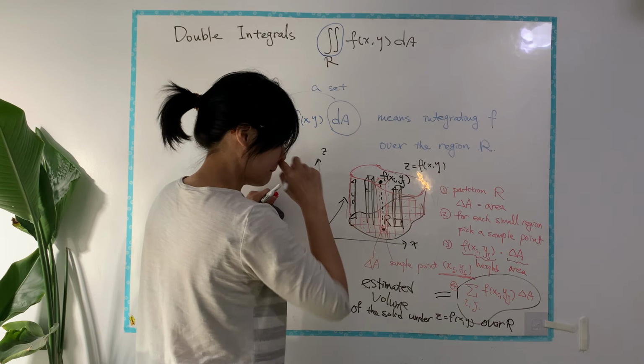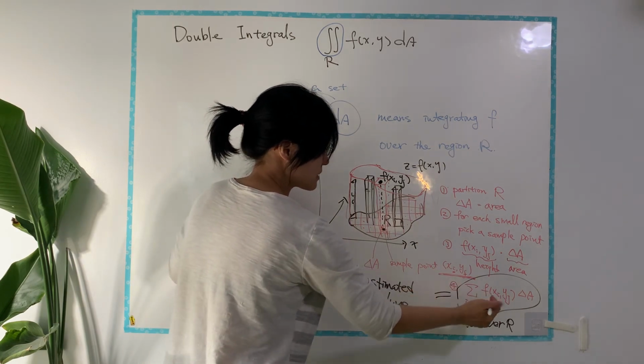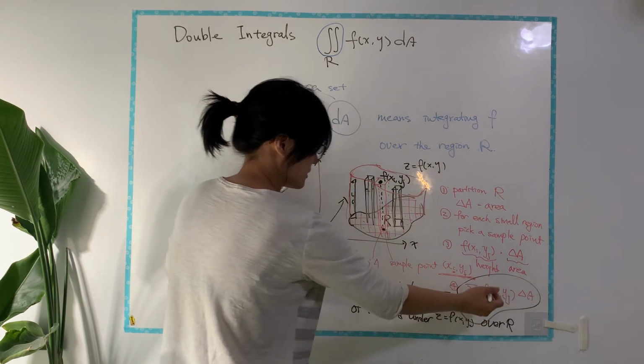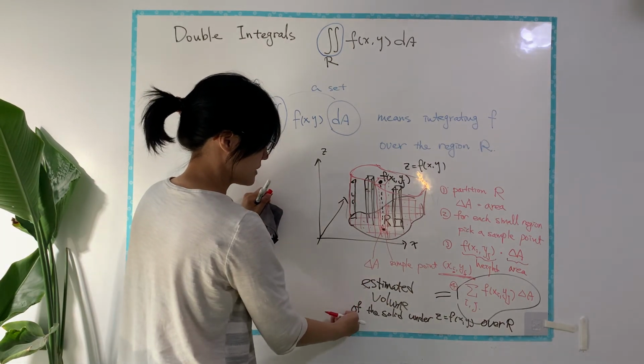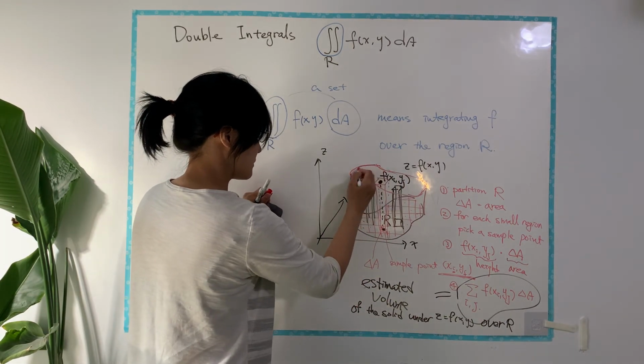When I sum over these volumes, I get an estimated volume of this solid.